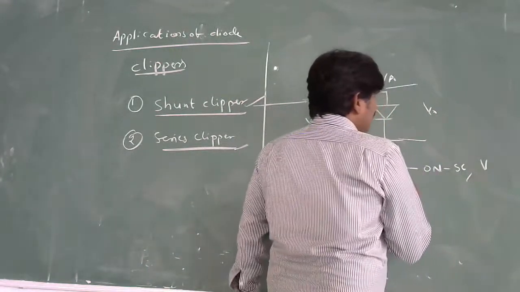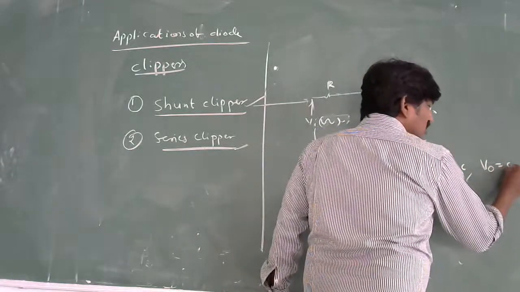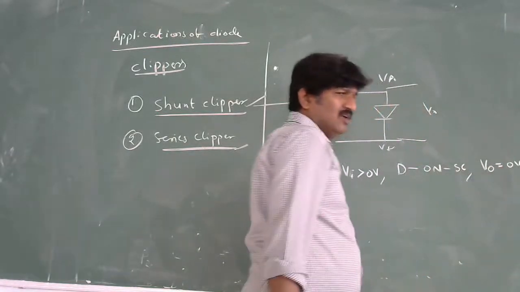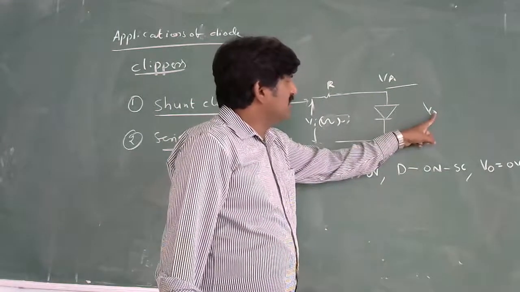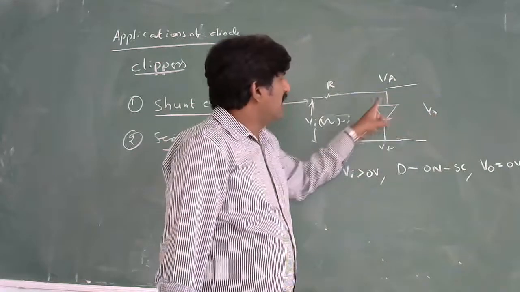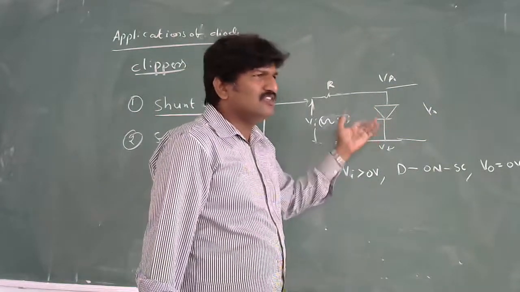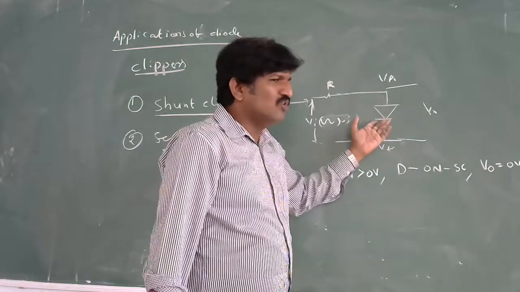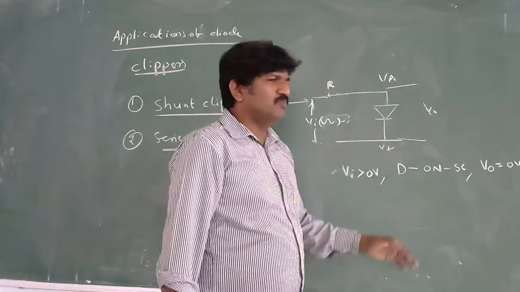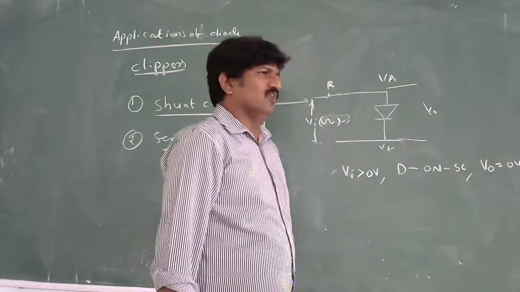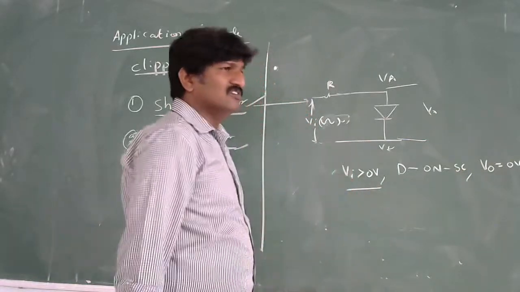When D is on or short circuited, V naught is equal to 0 volts, because you are taking the output voltage across the diode. But the diode is short circuited, there is no resistance, so there is no voltage drop across this component. So the resultant output is equal to 0 when Vi is greater than 0.